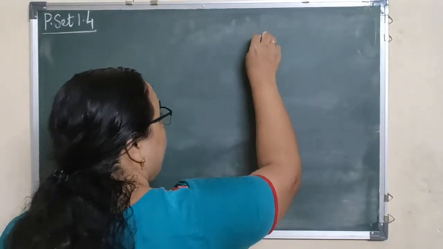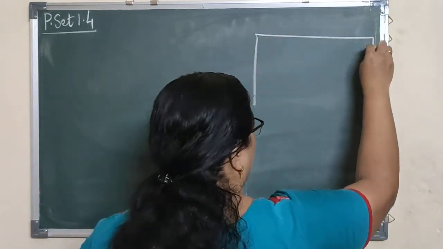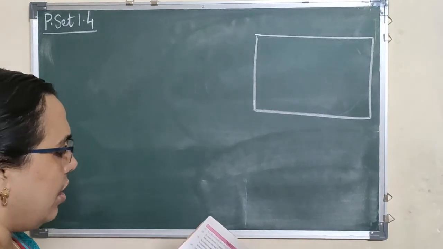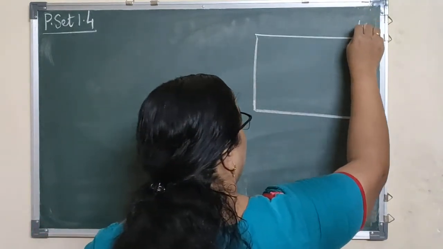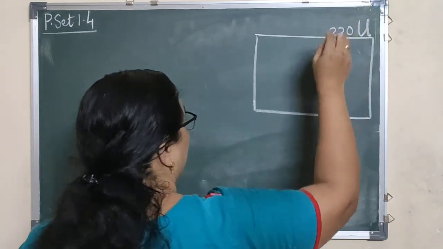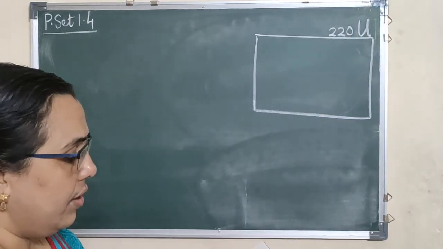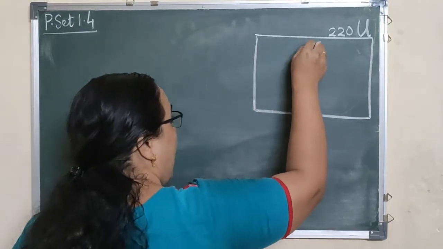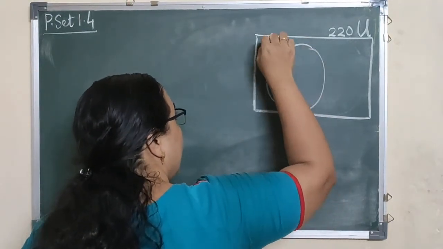So we have the figure like this for the sum. The Venn diagram goes this way. This is your total universal set. How many students are there? 220. Next is rock climbing, so I will name it as R, easier to follow.